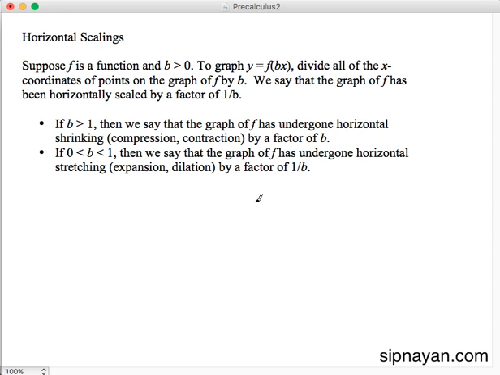Nag-expand siya, di ba? Nakita nyo kanina, yung previous graph kasi natin, nagko-compress. Mas maliit yung graph. And here, the factor is 1 over b. So, ang b natin kanina is 1 half. Therefore, the factor of expansion is 1 over 1 half, which is equal to 2.